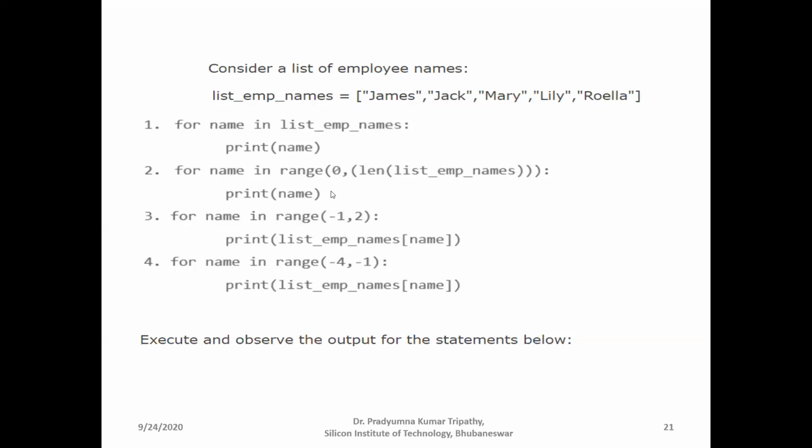Sir, Jack to Lily is printed. -1, -2, -3, -4. Sorry, sir. See, Jack to Lily. It will start from -4.